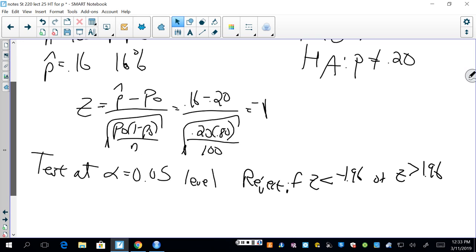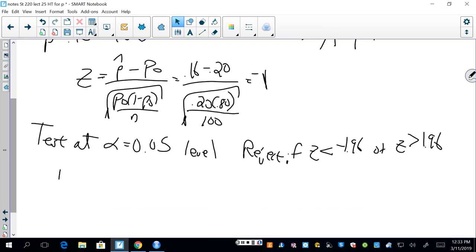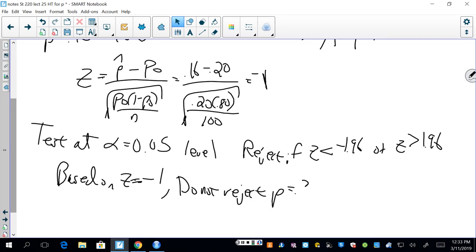It could happen by chance. It's not right at 20%, but it's within the variability that would be naturally occurring and not be so surprising. So based on z equals -1, do not reject the 20% figure. Okay? It's not sufficiently far away.